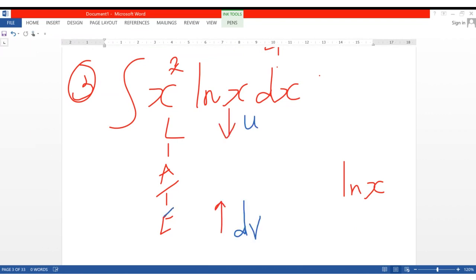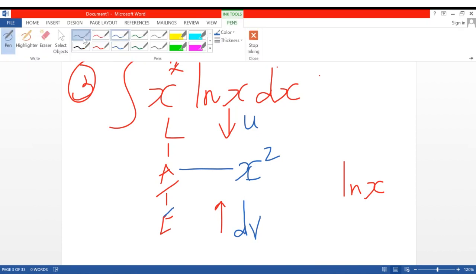Yeah, so we're using the acronym LIATE. For people who are coming in right now, the acronym LIATE will give you the order. So first of all, we have to identify where x squared is falling and where ln x is falling. We had said that x squared is an algebraic function. Now ln x is a logarithmic function.